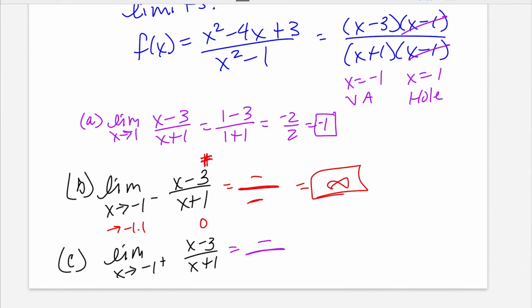But here, if I'm coming from the right, this is something like -0.9, right? Yes, that makes that positive because it's smaller than -1. So smaller, that -0.9 whenever you try to plug that in. And that's how we get our negative infinity. The moral of the story, when you try to figure these out analytically, you know there's a number over 0 that has to go to infinity. The big question is, is it positive or negative?